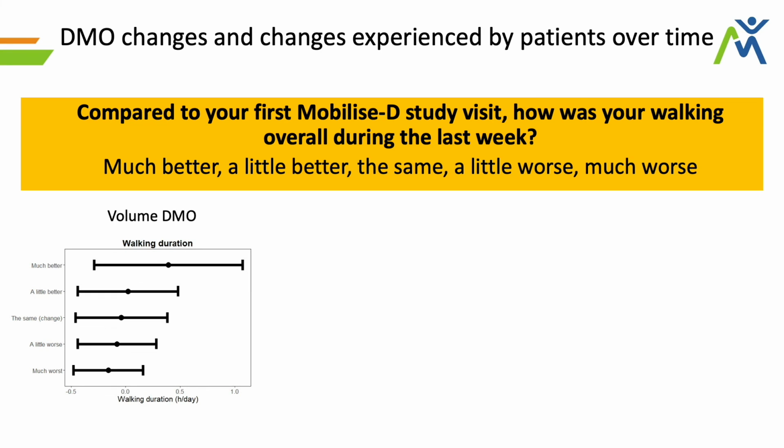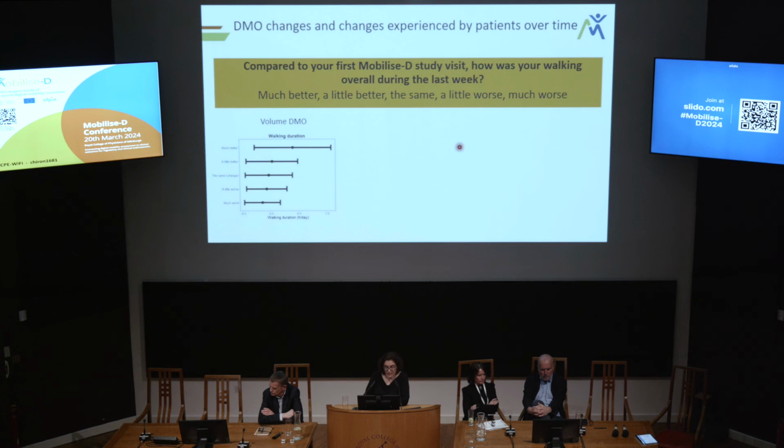We asked the patients at the 12 months visit, compared to your first visit, how was your walking? And they say it has improved or it has worsened. So much better, a little better, the same, a little worse, much worse. In this figure, we see the distribution of the changes in walking duration according to these categories, from much better to much worse.